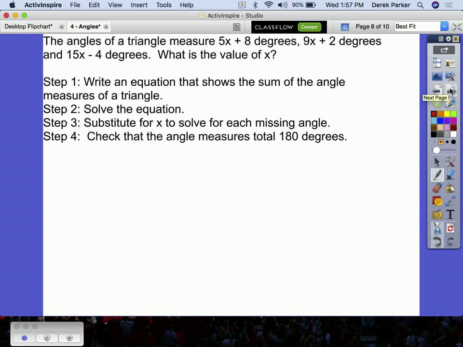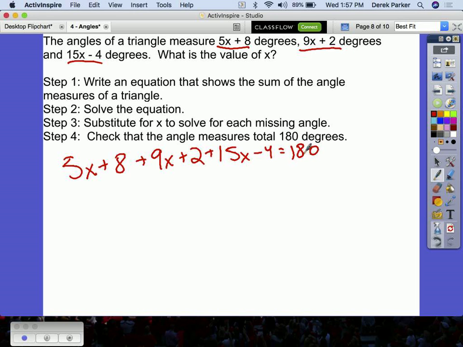The angles of a triangle measure 5x plus 8 degrees, 9x plus 2 degrees, and 15x minus 4 degrees. What is the value of x? Okay, so the first step is to think, how many degrees make up a triangle? 180 degrees. So I have to use each of these and set up an equation: 5x plus 8 plus 9x plus 2 plus 15x minus 4, and all of that equals 180 degrees.